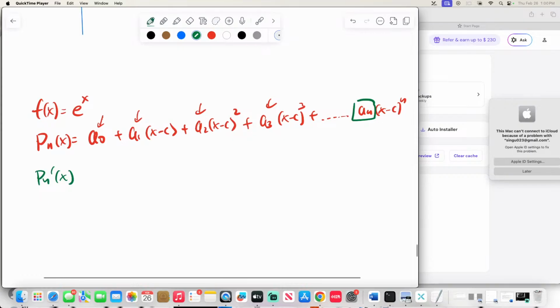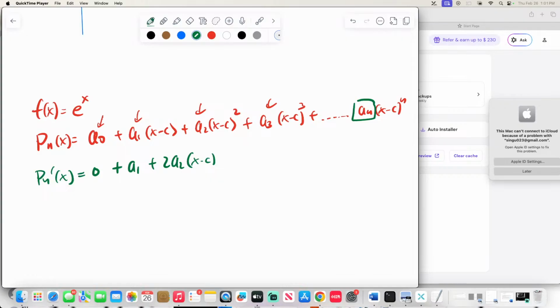So let's take a derivative of a0. What's the derivative of a0? 0. See, you guys are pretty good. You guys are geniuses, right? What's the derivative of a1 times (x minus c)? Just a1. What's the derivative of a2 times (x minus c) squared? 2 times a2 times (x minus c).